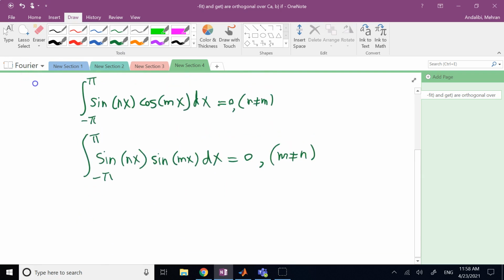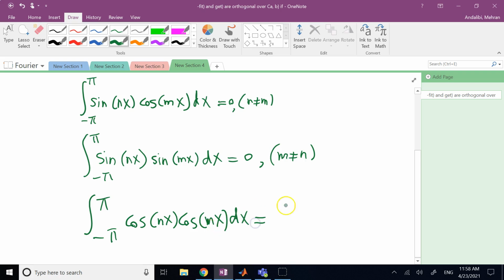And the same thing can be said about the cosine. So the cosine also, with different frequencies, cosine nx and cosine mx, if you integrate them from negative pi to pi with m not equal to n, again, the answer is 0.